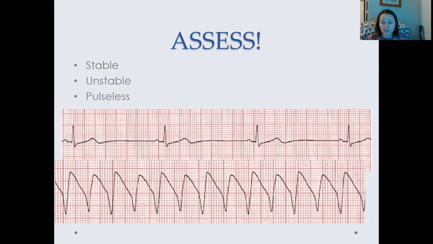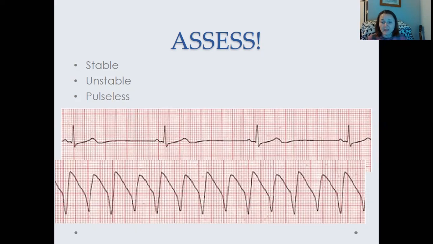Are they confused? If somebody has an unstable rhythm that is left untreated, that patient may die and should be treated aggressively to get perfusion back where it needs to go.